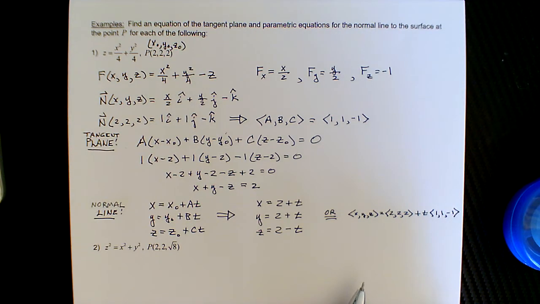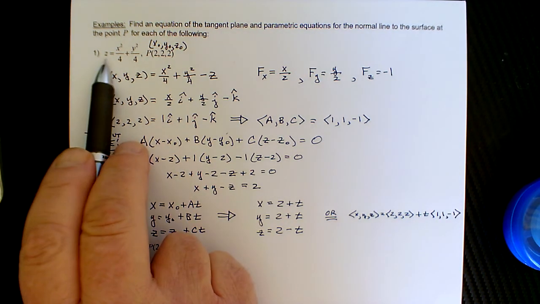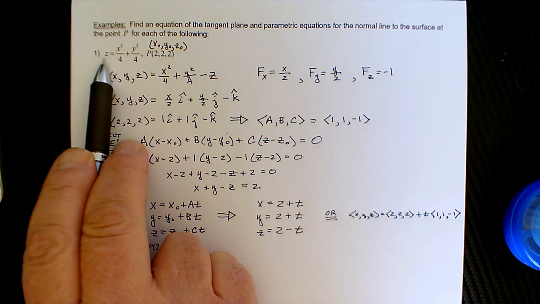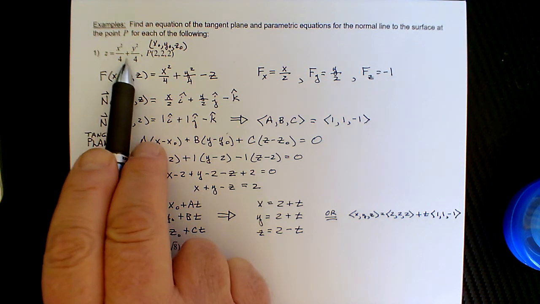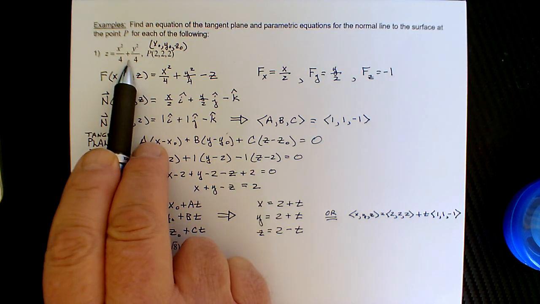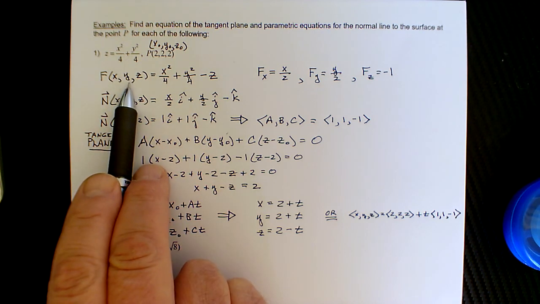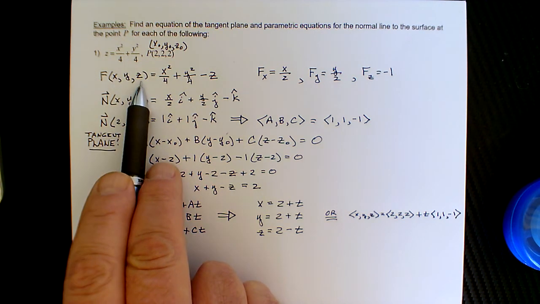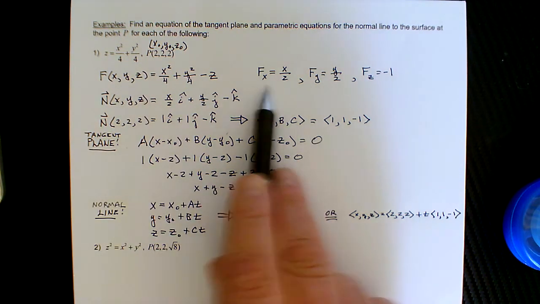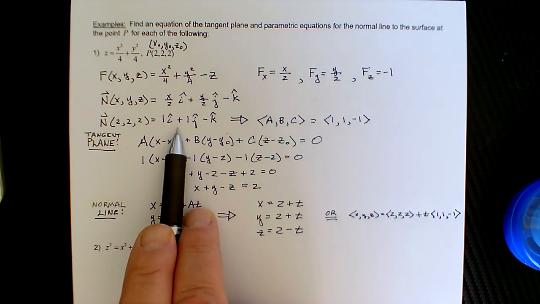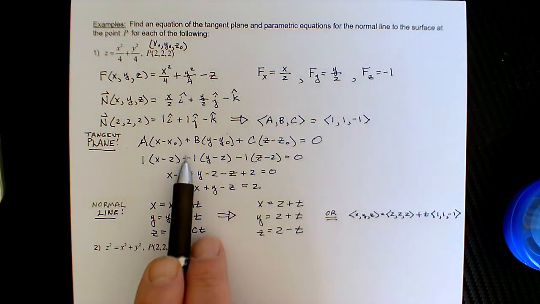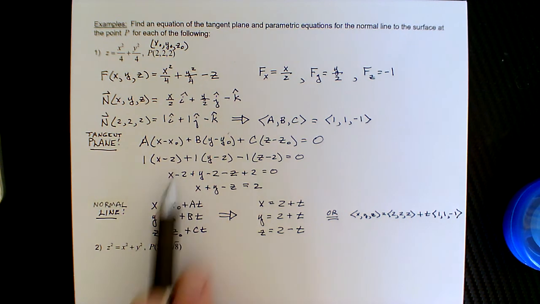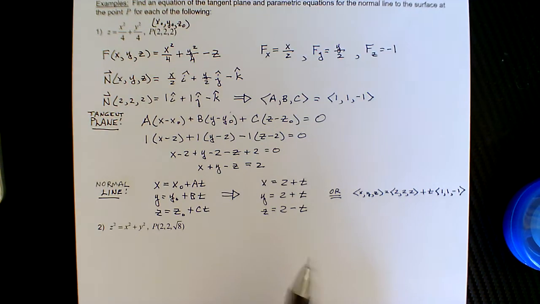Okay, so with the approach we used here, remember this is an explicit function because c is given explicitly in terms of xy. Best thing to do, just to be consistent, always use the implicit form. Change it to a function of x, y, and z, then proceed by finding the partials and the normal vector, and then from there the equation of the tangent plane and consequently the normal line.